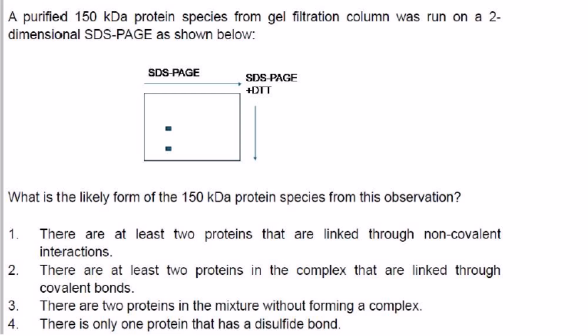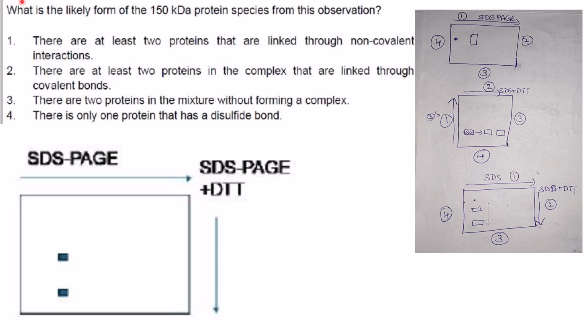Now come to the question. Here is the gel photograph that they have given, and for easy understanding, this side I have marked as 1, this side as 2, this side as 3 and this side as 4. This is the one that I have drawn. This is the first dimension, where you do only SDS page. You apply your sample here.